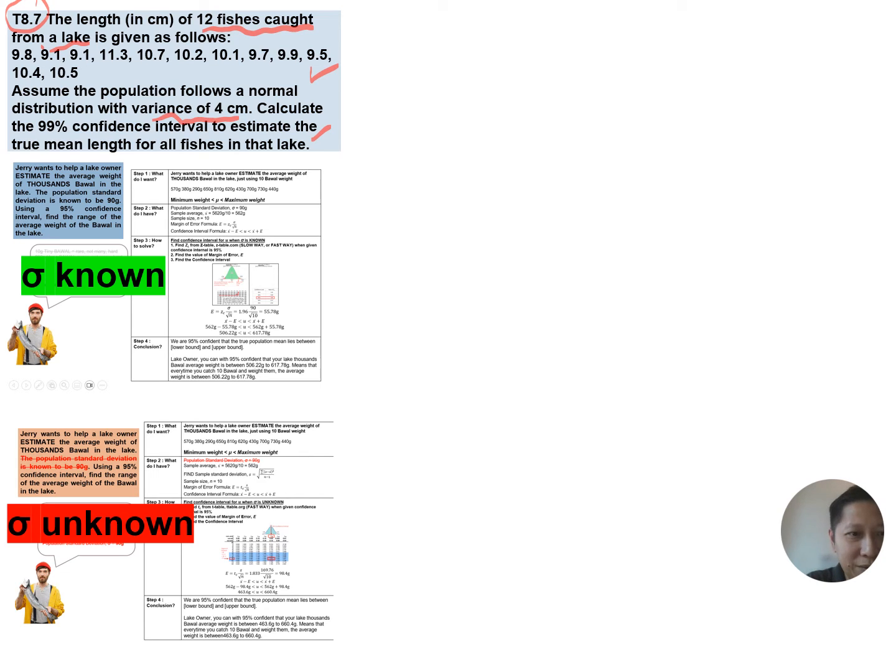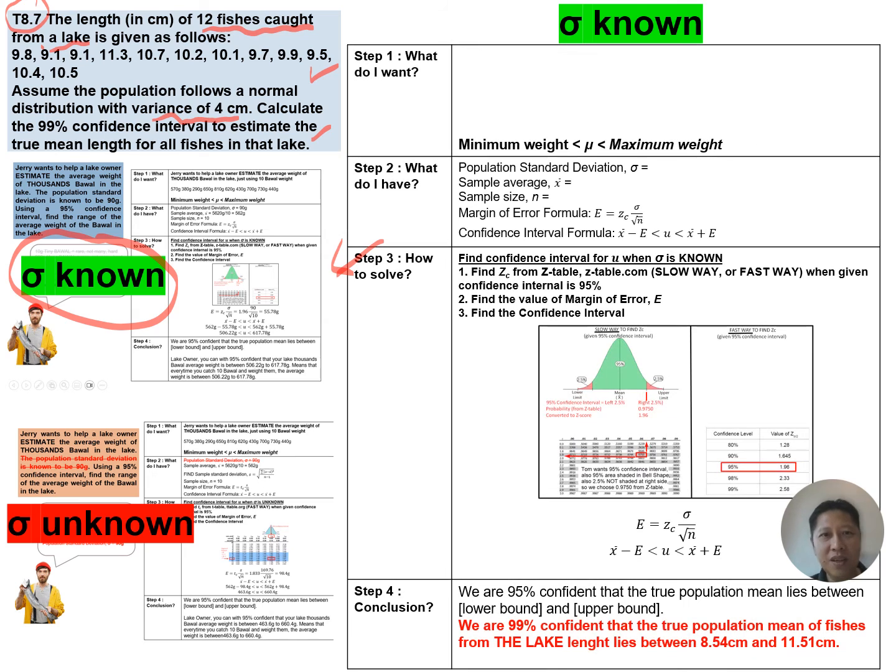So obviously it falls under the population standard deviation available case. So we're going to use this package. Step number 1, what do we want? We want to find the minimum and maximum length of the fishes from the lake.